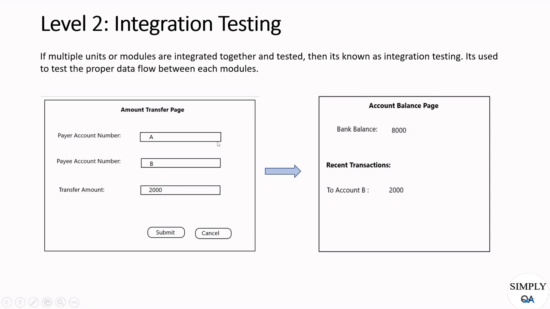So here the data flow is happening from the amount transfer module to the account balance module. So we are combining the amount transfer module and the account balance module, integrating them, and testing the proper flow of the application, right? So this is known as integration testing.